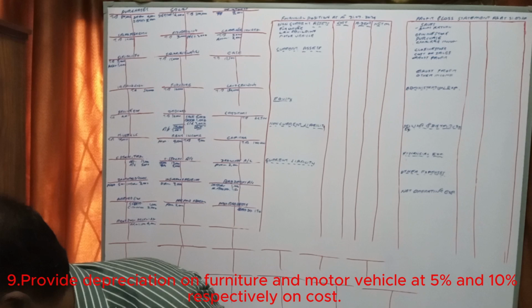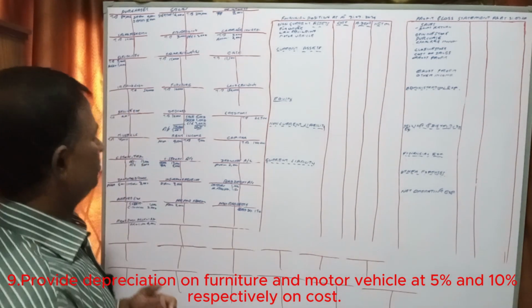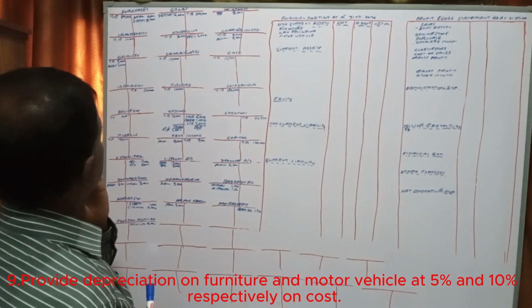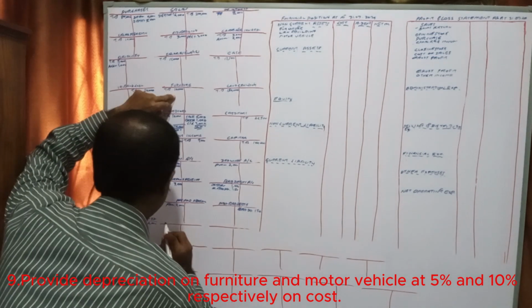In the ninth requirement it says 5% depreciation on furniture and fittings. Furniture has 10,000.